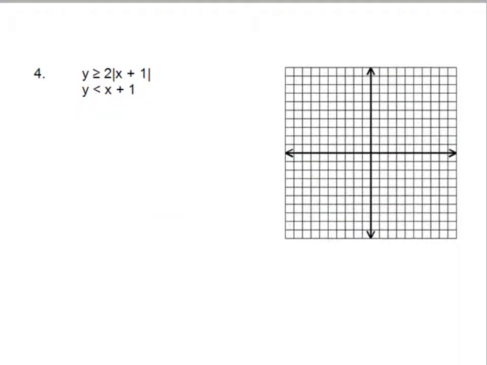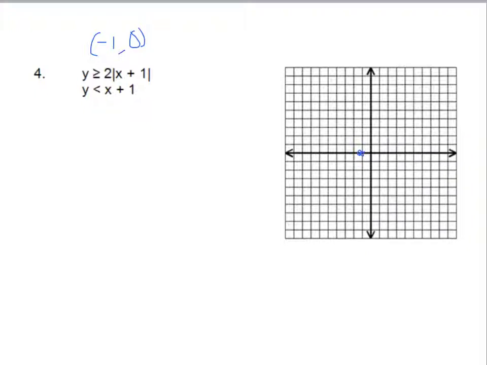Alright, let's do another example with absolute value to kind of get some practice. Alright, y is greater than or equal to 2 times the absolute value of x plus 1. So again, I have a horizontal shift. Vertex moves from 0, 0 to negative 1, 0.